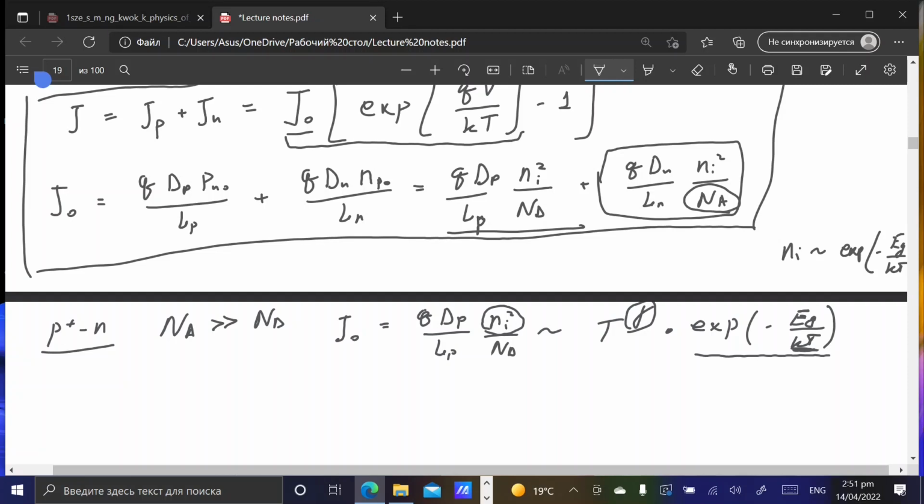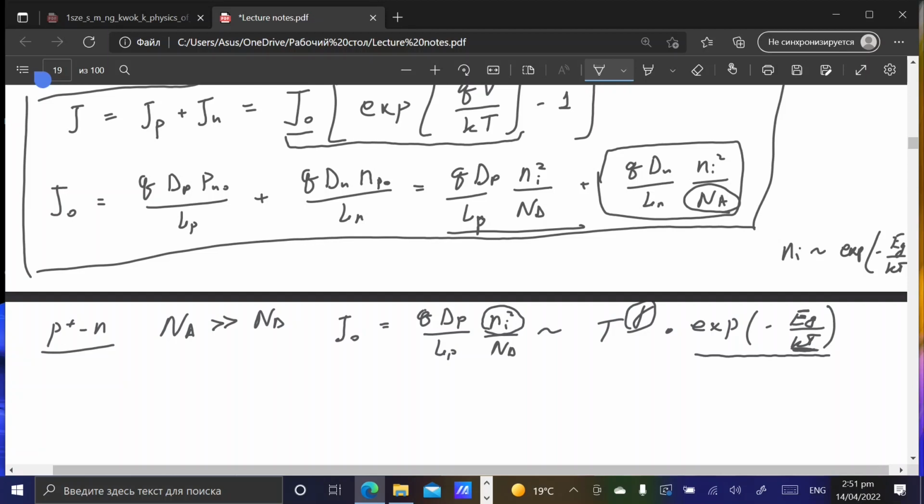So these factors need to be understood, and please remember about them. These are the temperature and material features which determine the current voltage characteristic of a p-n junction.